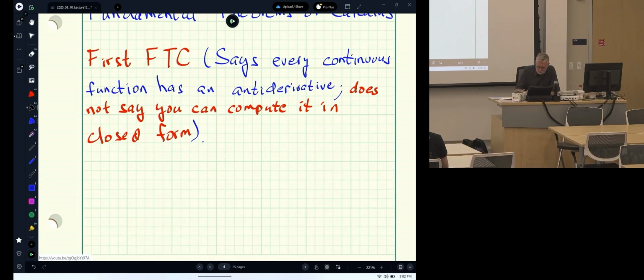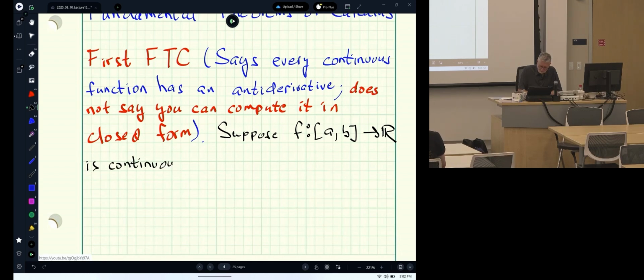So if we wanted to be more precise, suppose f takes an interval [a, b] to the reals and is continuous. Since we're not saying continuity at a point, we really mean it's continuous on the entire interval [a, b].